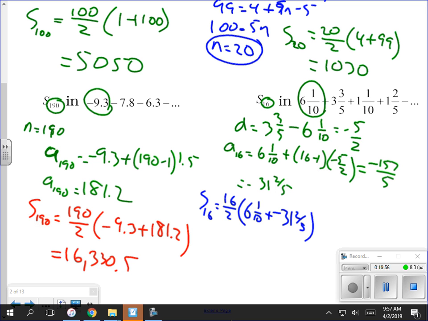And I get negative 202 and 2/5. Like I said, fractions are kind of a pain in the butt. Get over it.